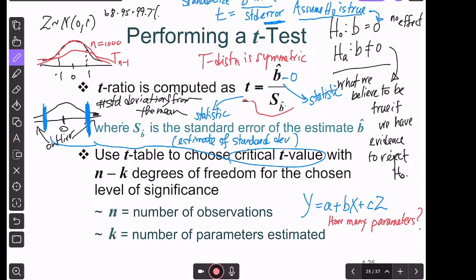Well, we're going to estimate a, b, and c. So that's 3. So k would be 3, and n would be the number of observations. And that would help you determine the threshold.